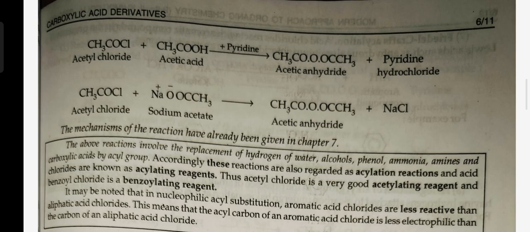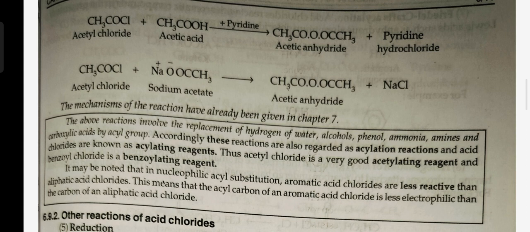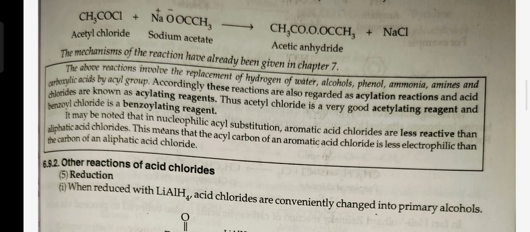It may be noted that in nucleophilic acyl substitution, aromatic acid chlorides are less reactive than aliphatic acid chlorides. This means that the acyl carbon of aromatic acid chloride is less electrophilic than that of aliphatic acid chloride.